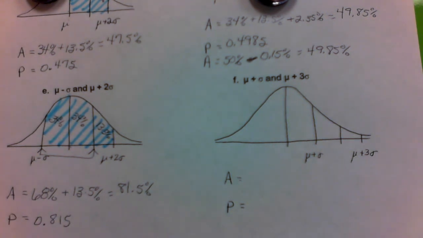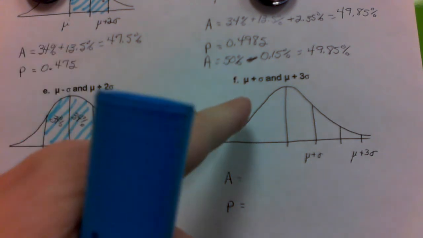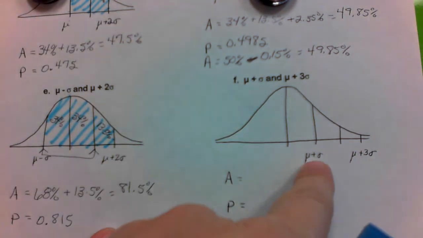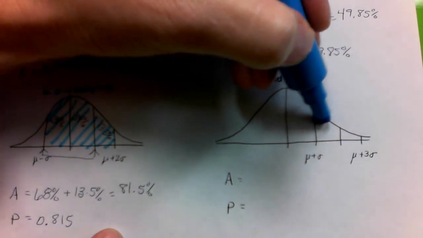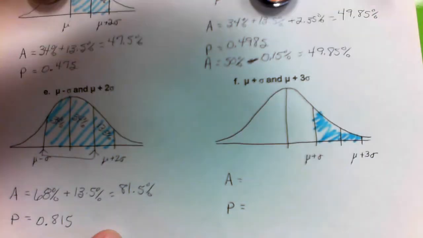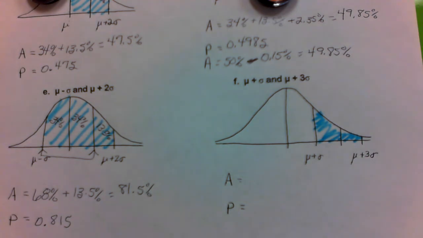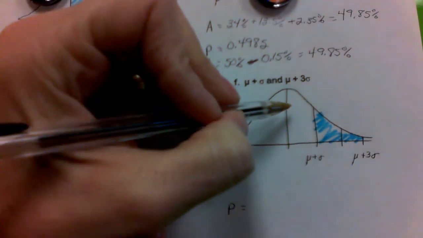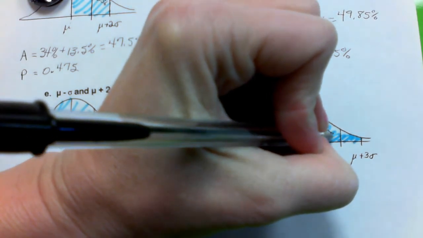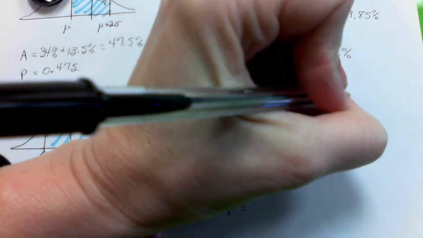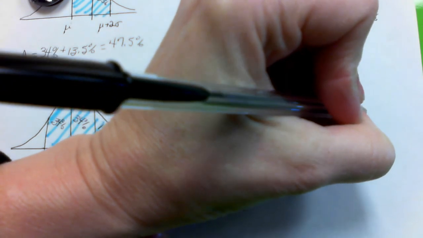All right, over here we have mu plus 1 standard deviation and mu plus 3 standard deviations. In this one, it's asking us for that shaded area. Well, we know this is 13.5%, and this one is 2.35%.